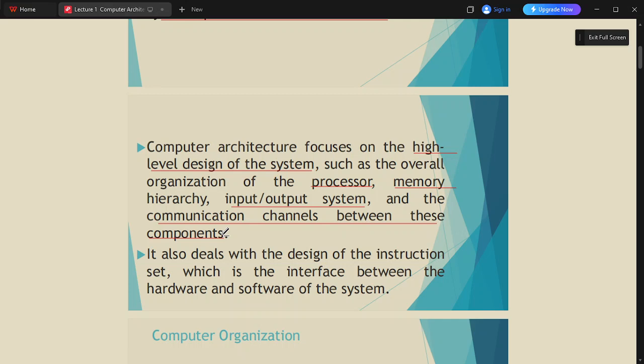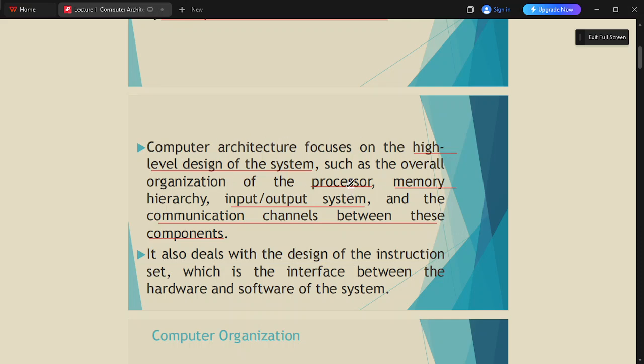Talking of the output or input systems, these are simply the devices like the keyboard, monitors, and the hard drives, and how they all interact with the CPU to make one thing. Then the last statement says the communication channels between these same components.